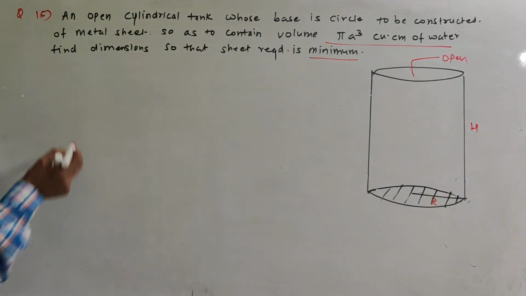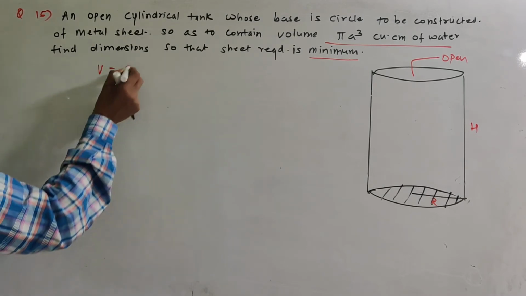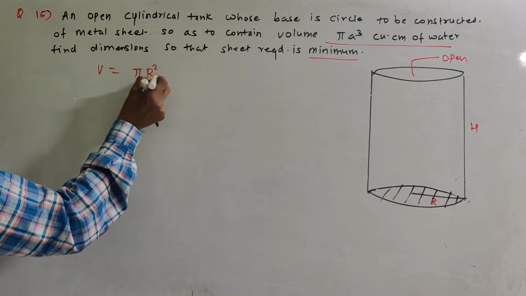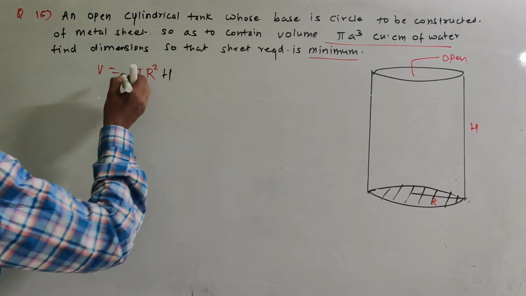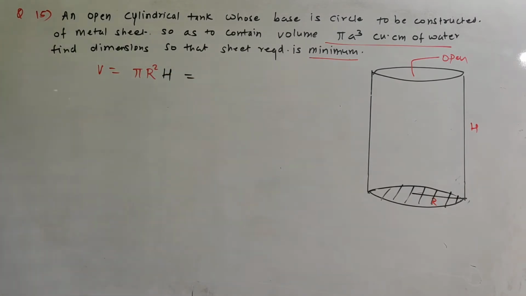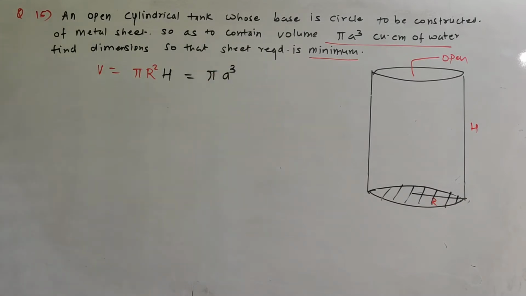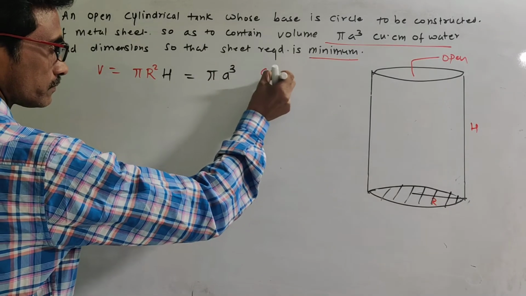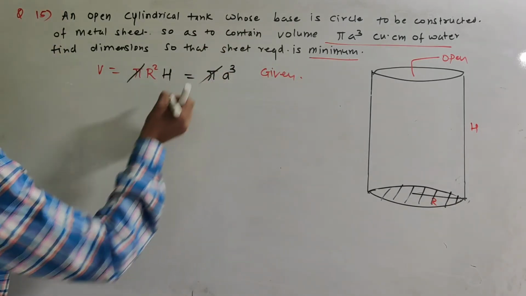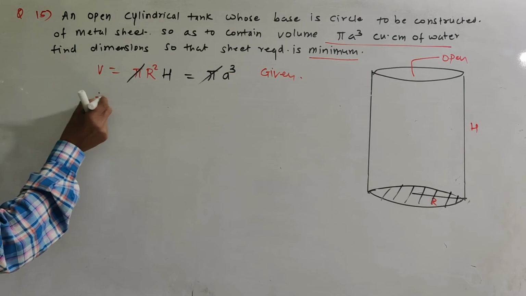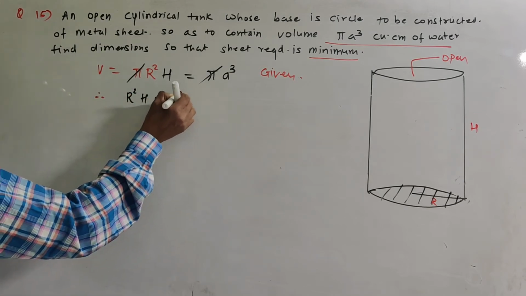Therefore volume of this tank will be pi r square into h, and this is given, that is pi a cube. Then this pi is getting cancelled over here. So therefore r square h is equal to a cube.